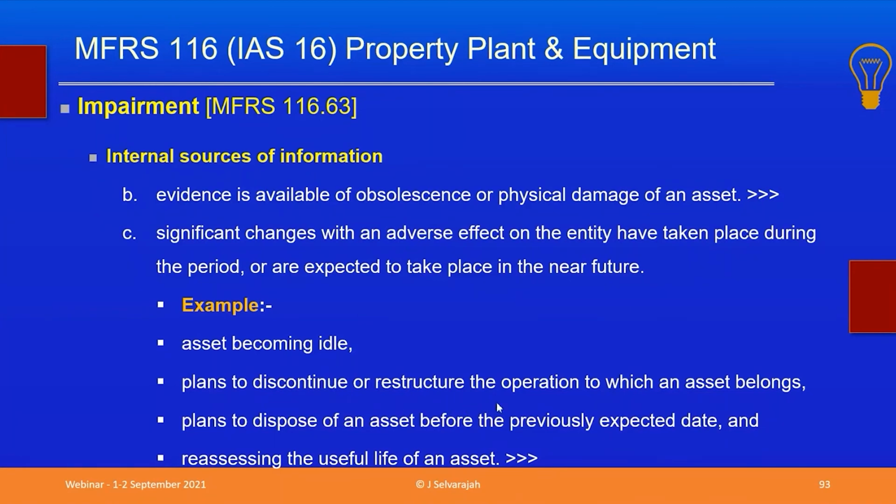Look at the number of companies that have closed down. Big companies, not small ones. All right, some have restructured and plan to dispose of an asset early. So all these are impairment indicators from internal sources, or you reassess the useful life of certain types of assets, right? Not all, but certain types of assets, depending on the industry. You have to go by industry, all right?